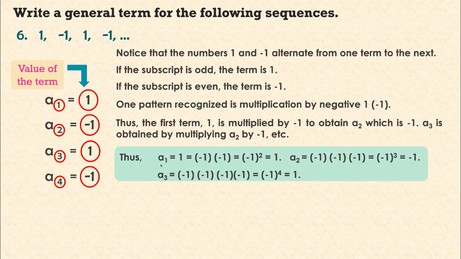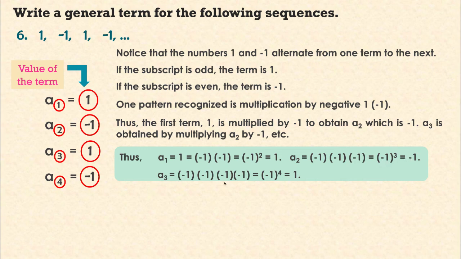Thus, a sub 1, which is equal to 1, will just be equal to negative 1 times negative 1, or negative 1 squared, which is 1. A sub 2 will be negative 1 times negative 1, this came from a sub 1, times negative 1, that will be negative 1 cubed, or negative 1.